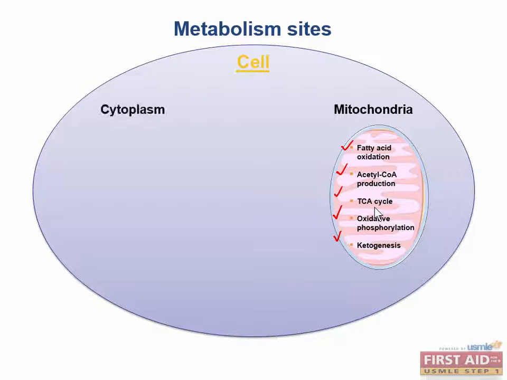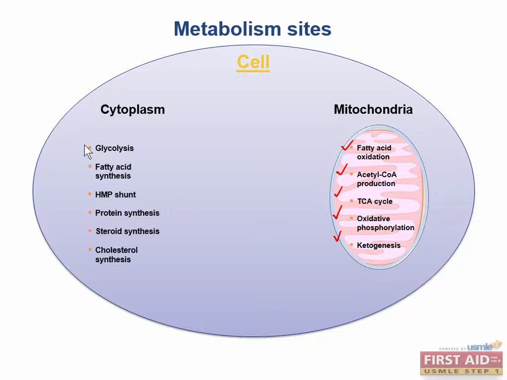The cytoplasm is going to play host to glycolysis, fatty acid synthesis, the HMP shunt, protein synthesis in the rough endoplasmic reticulum, steroid synthesis in the smooth endoplasmic reticulum, and also cholesterol synthesis. Now, protein synthesis can also take place on the rough endoplasmic reticulum.